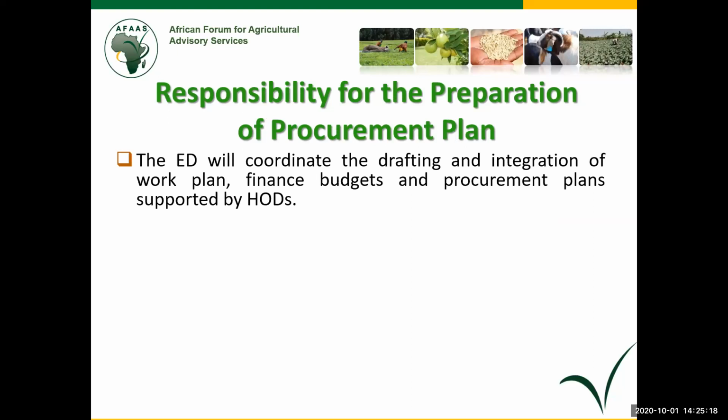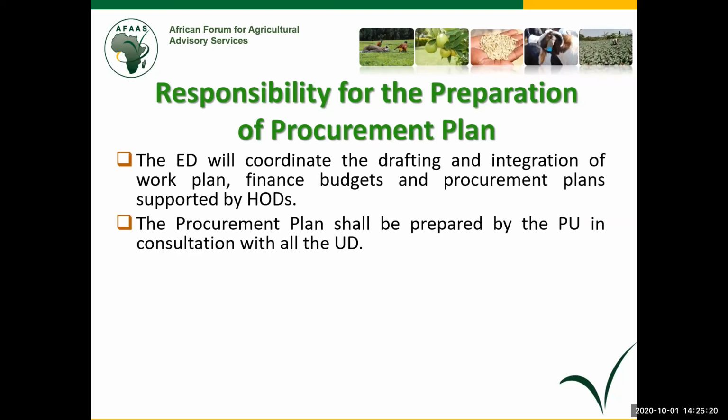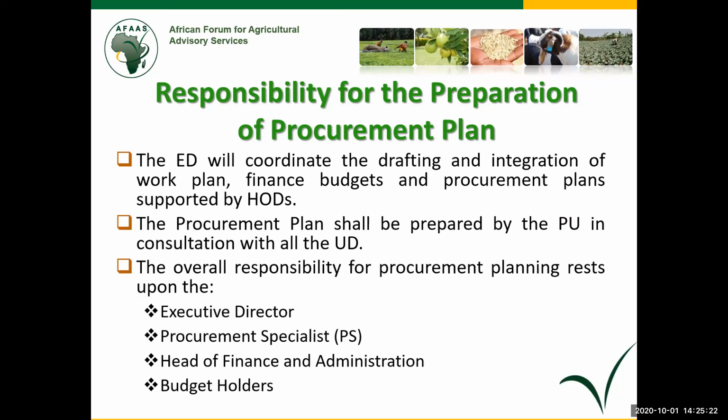Incidentally, whenever we are in office, I always see everybody looking at only Paddy. Paddy, where is the plan? The responsibility is that the ED is the overall coordinator in the drafting and integration of the work plan, the finance budgets, and the procurement plans, and is supported by the heads of departments as per our manual.